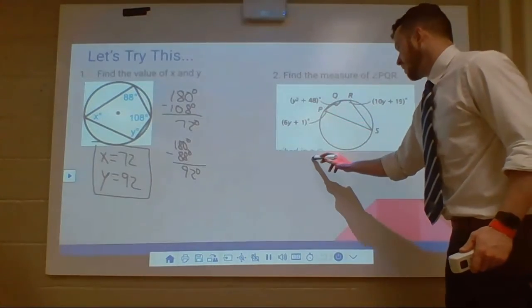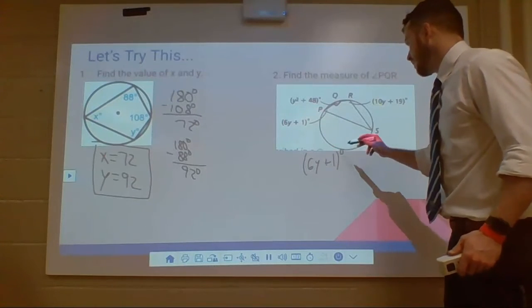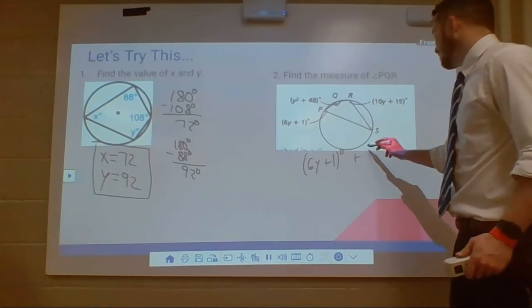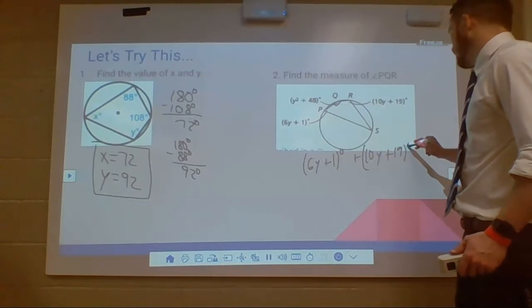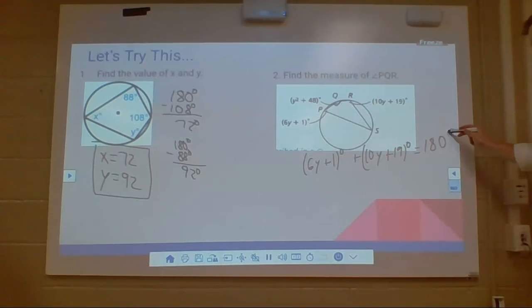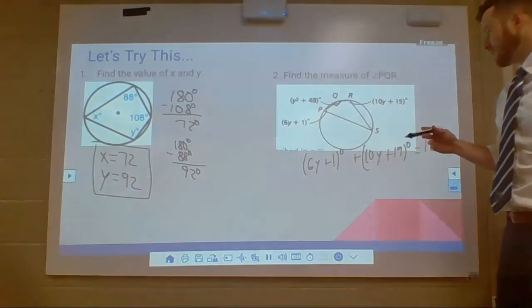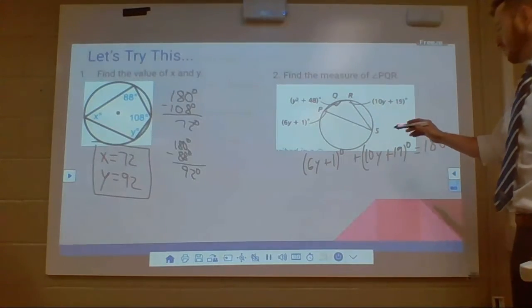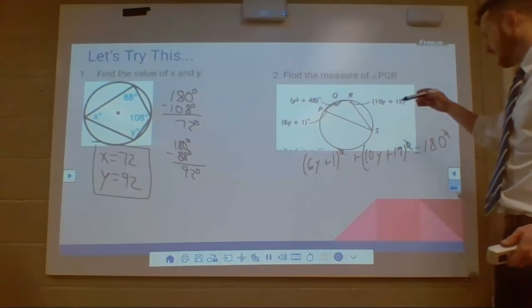So if I say 6y plus 1 degrees, and I add 10y plus 19 degrees, that should equal 180 degrees, right? If I add up those two angles, they should equal 180 degrees. So just to make this a little simpler, I'm going to go ahead and get rid of the degree signs because they all have it.